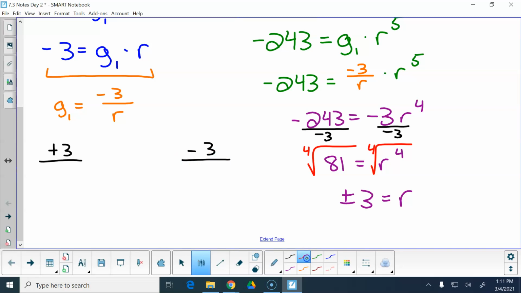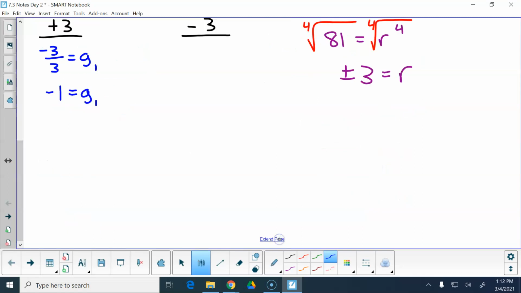If I put in positive 3, I would get negative 3 divided by positive 3, which would give me negative 1 as my first term. So that would give me the rule g sub n equals negative 1 times 3 to the n minus 1 power.